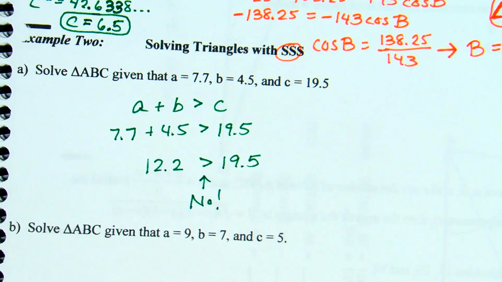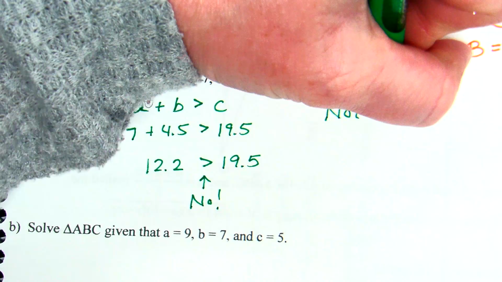I thought you were going to be like, well, now you have to make it bigger. You can't change the given information. Yeah, we can't get that fancy. This is not a triangle, and I'm going to write on here so you know.